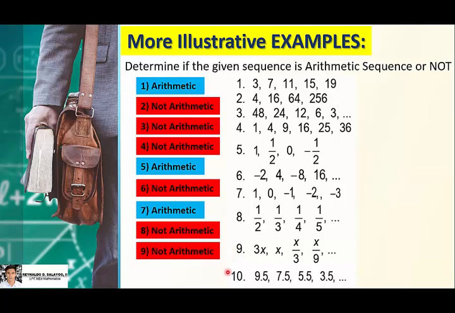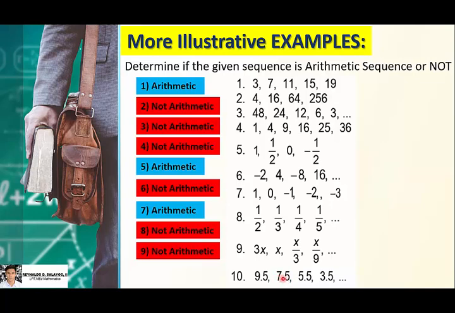Let's move on to our last item for our illustrative example. So we got here 9.5, 7.5, 5.5, and 3.5. Let's try to subtract 9.5 from 7.5. So we will obtain there a difference of negative 2. Correct. Let's try to subtract again the second term from the third term.